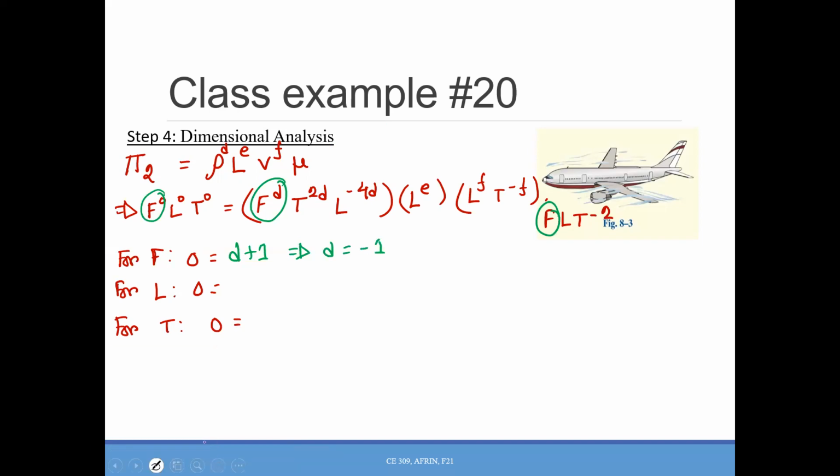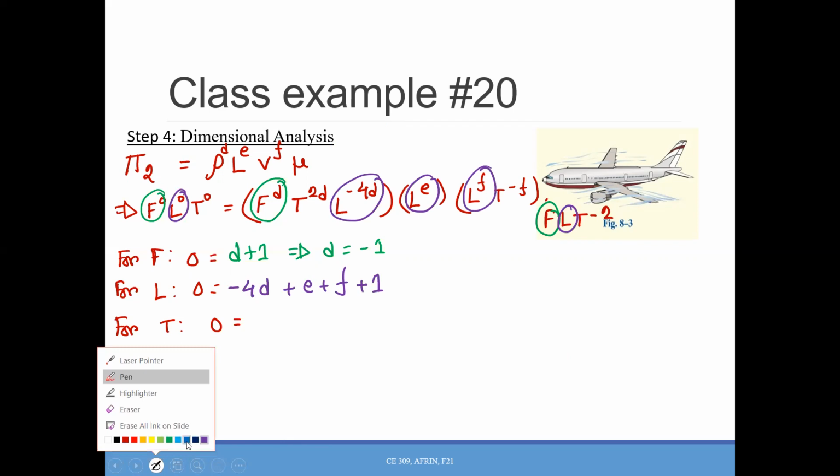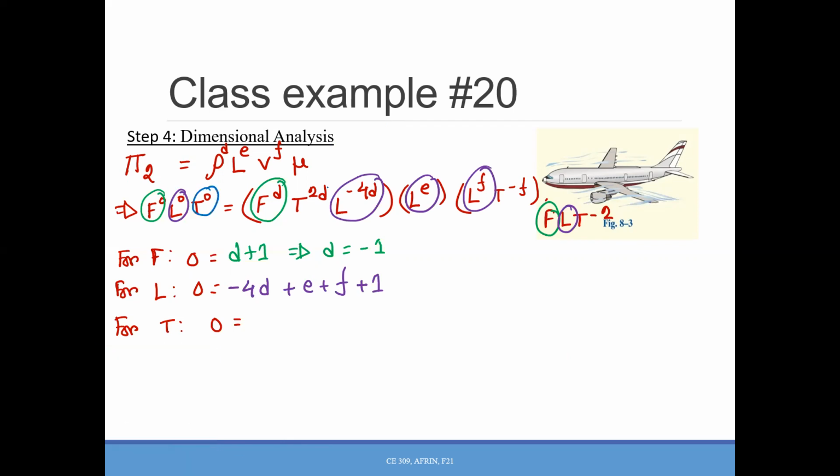For L, we have this one, this one, this one, and this one. So we have negative 4D plus E plus F minus 2. Now the very last one, T: 2D minus F plus 1.